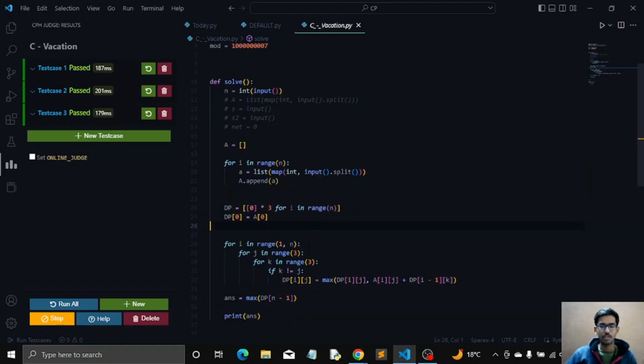Moving ahead, we need to start filling our DP table starting from day 2. As indexing starts from 0, day 2 means we will start iterating from 1. So one by one we will iterate through the remaining cells in our DP table, and we will fill the cells according to the logic which we have discussed.